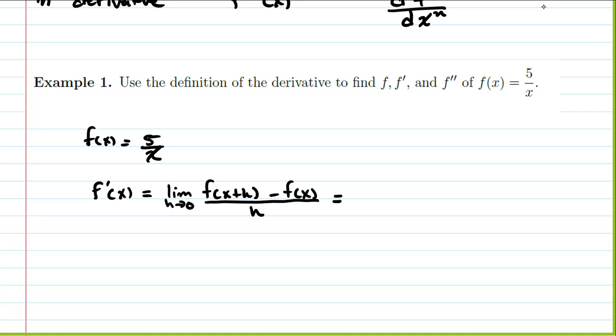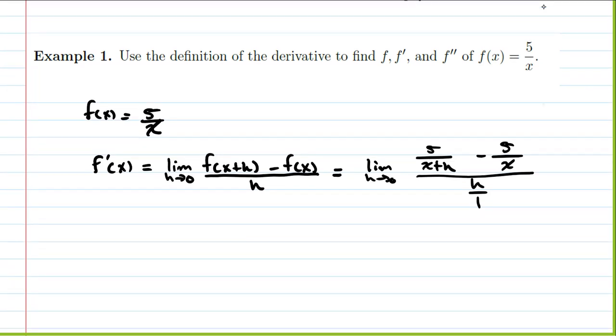So we plug in and we get the limit as h goes to 0 of 5 over x plus h minus 5 over x, all over h. So then to simplify our fraction in this case, we multiply by the LCD of all of our denominators. So our LCD of x plus h, x, and 1 is going to be x times x plus h.